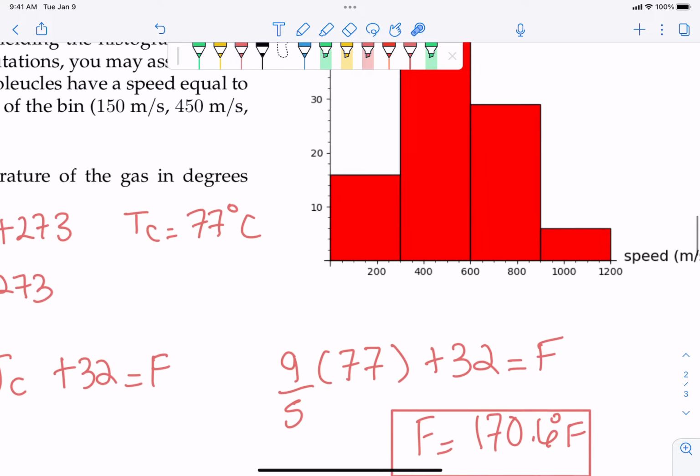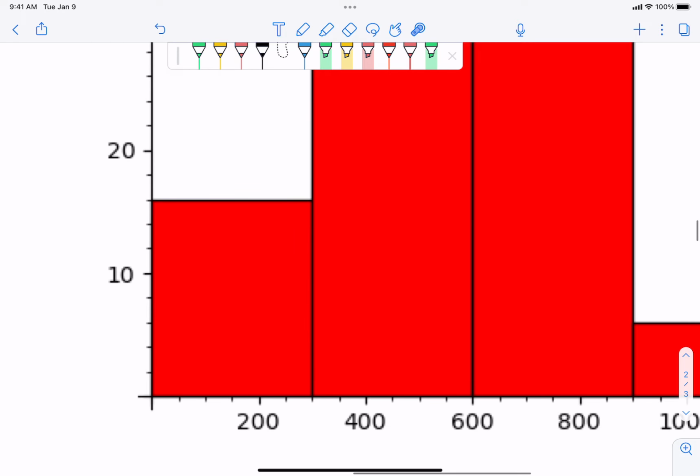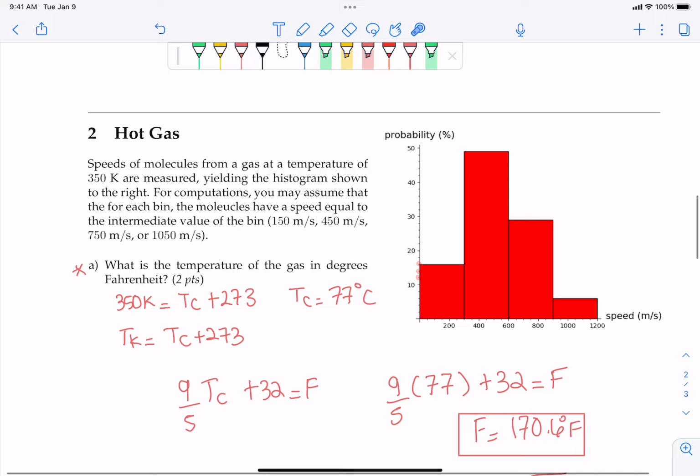The only tough work is reading the graph. They outlined it pretty well, but on the actual quiz it's hard to see the tick marks. This is about 12, 14, 16, so about 16%.